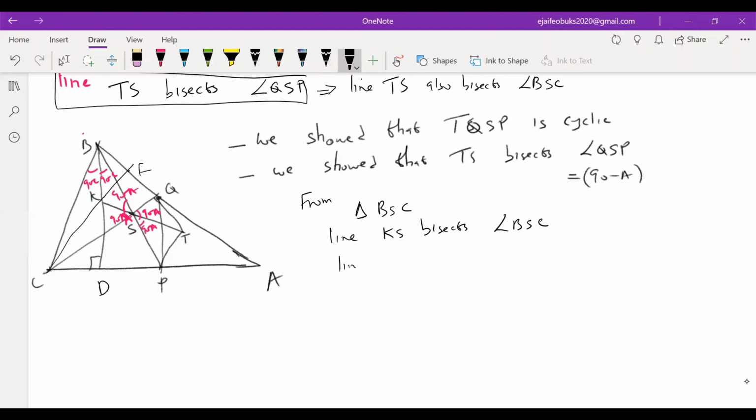And you can see that line BD bisects angle CBS. So we see that K is the concurrency point of the two bisectors.